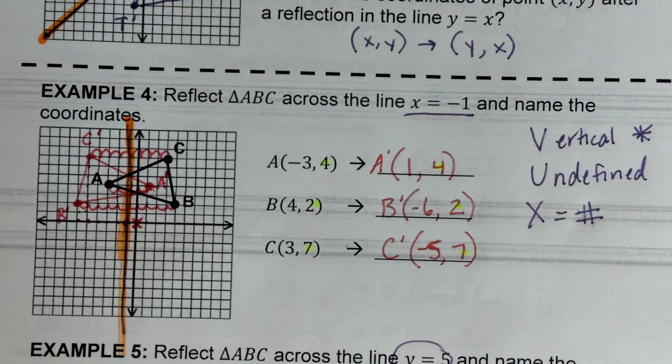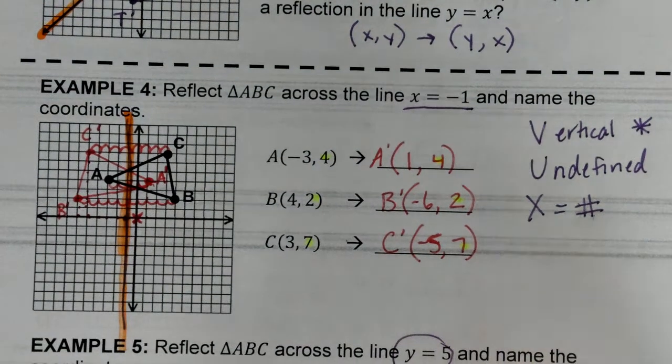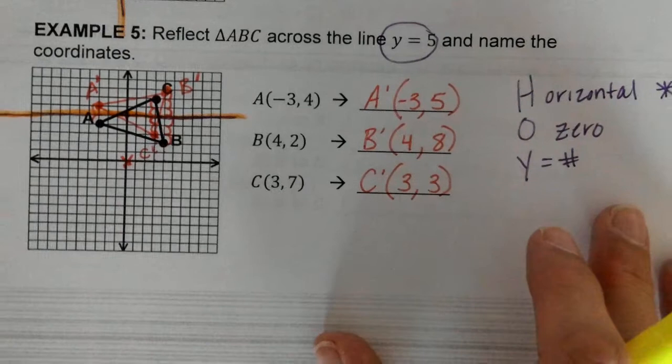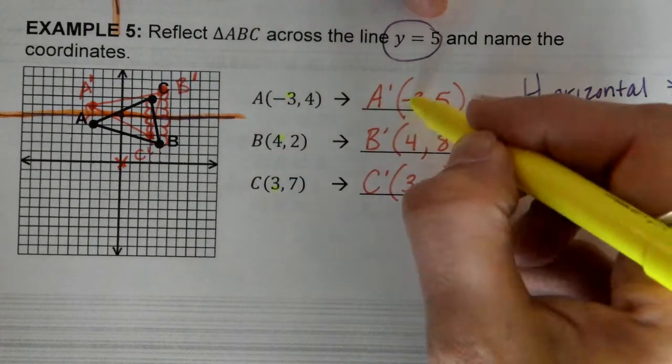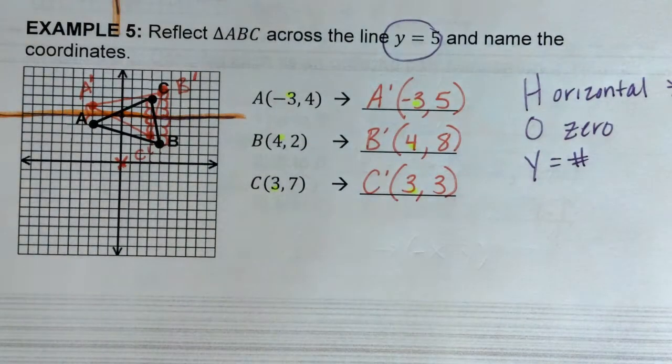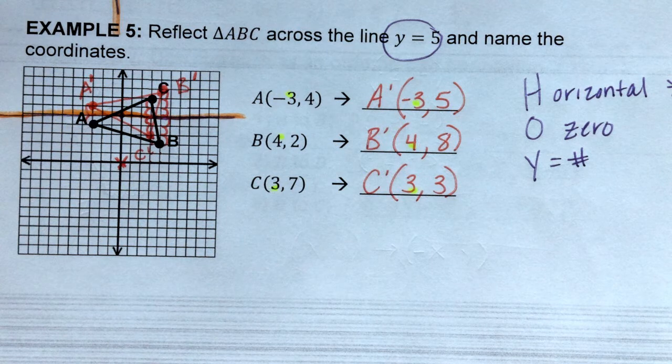Again, this can get a little tricky. When we're doing y equals a number, our x is going to stay the same. Easiest for these two is don't worry about a rule, just find the line, draw it in, count to the line, start over and count that many on the other side. And there you go for our reflection and translation notes.